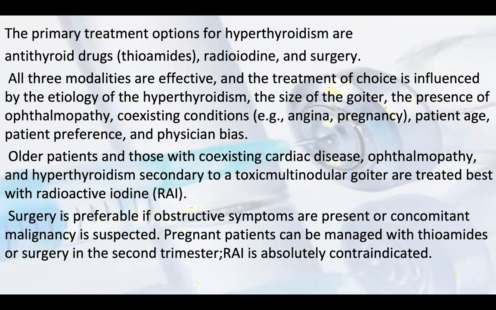Surgery is preferable if obstructive symptoms are present or concomitant malignancy is suspected. Pregnant patients can be managed with thionamides or surgery in the second trimester. Radioactive iodine is absolutely contraindicated in pregnancy.